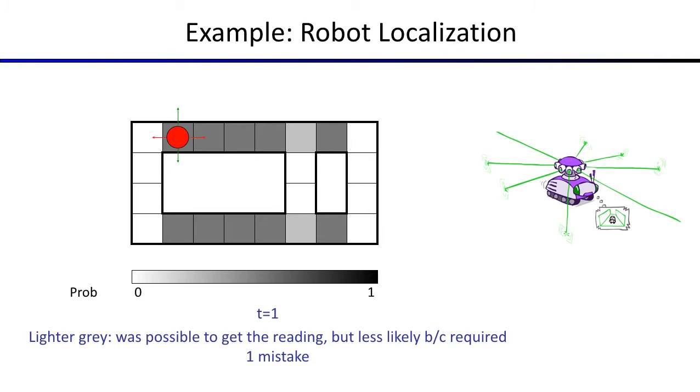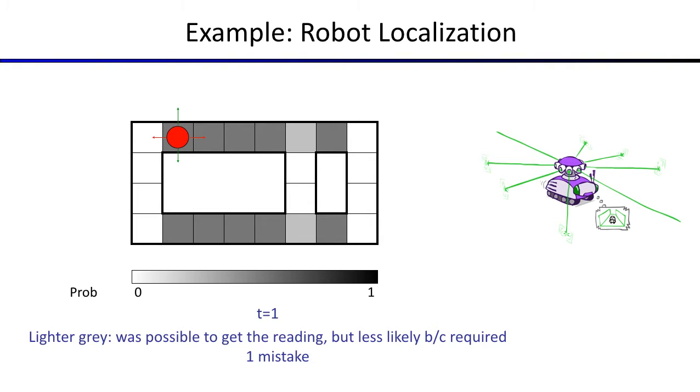Those would both have to say that there are walls when in fact there are no walls, and the left and the right would have to be wrong because those have to say that there are not walls when in fact there are walls. That's 4 mistakes, and the assumption that we have, our observation distribution here, tells us that the sensor will make at most 1 mistake. So that's why we've been able to totally rule out these vertical corridors, and then we have a couple things shown in lighter gray, and those correspond to places where the sensor might have made 1 mistake.